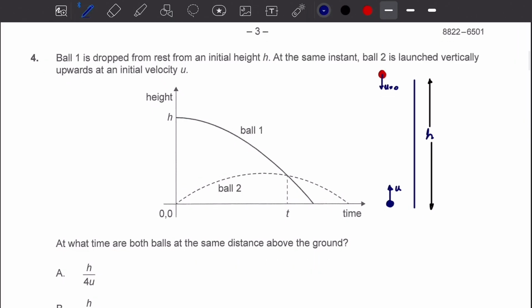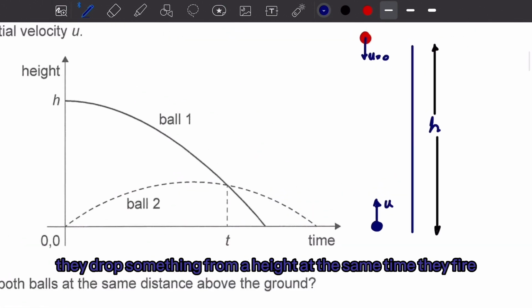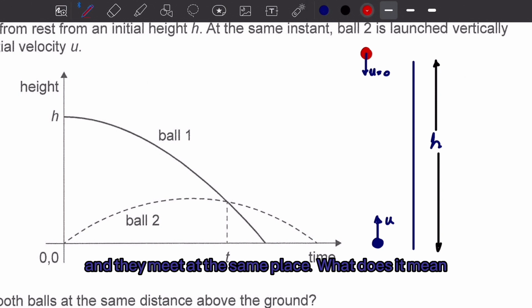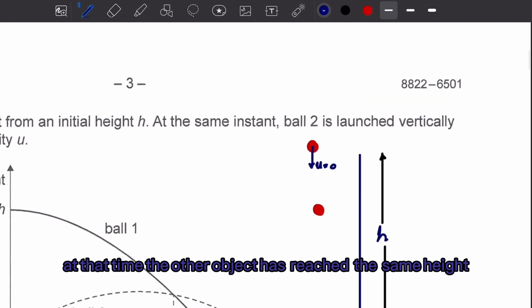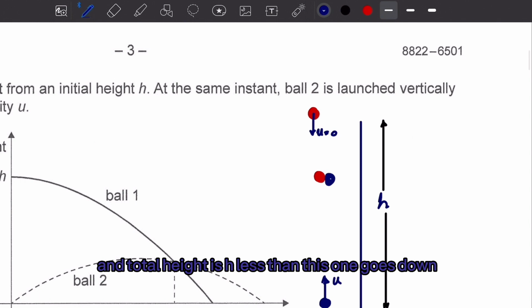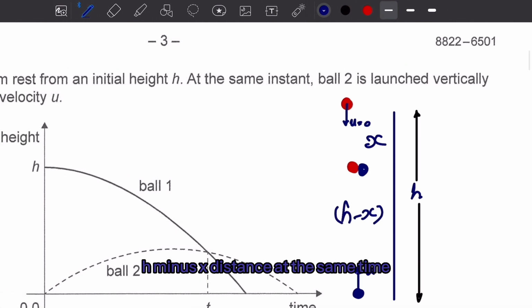Question number 4. They drop something from a height, at the same time they fire another object upwards and they meet at the same place. What does it mean? Let's say they meet here. At that time the other object has reached the same height and total height is h. Let's think this one goes down x distance and the lower one goes h minus x distance at the same time.